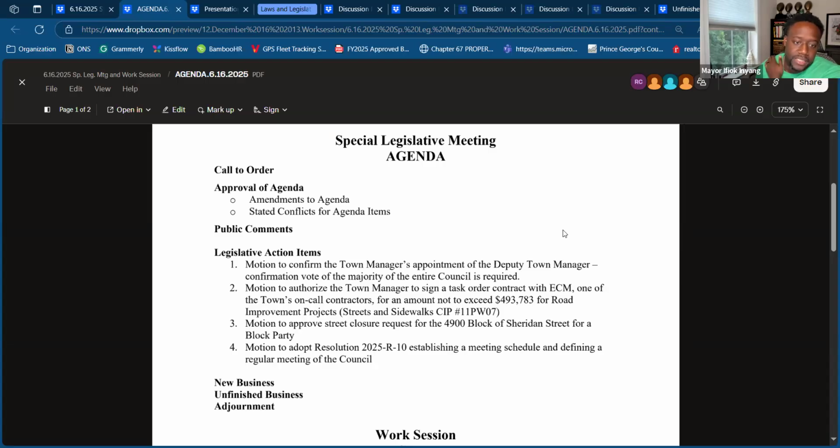Okay, so with that being said, do we have a motion to approve the amended agenda that includes the undesignated social line items in the unfinished business section? So moved. Second. We have a motion by Councilmember Foe, second by Councilmember Smith. We'll do a roll call vote.